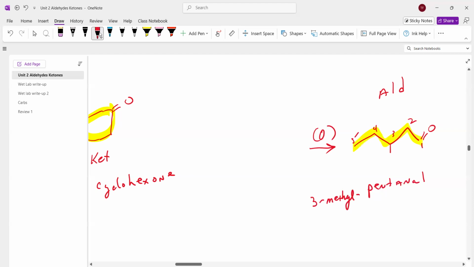And we're going to start with a primary 5-carbon alcohol with a branch at 3. So this is going to be 3-methylpentanol in an oxidative environment.